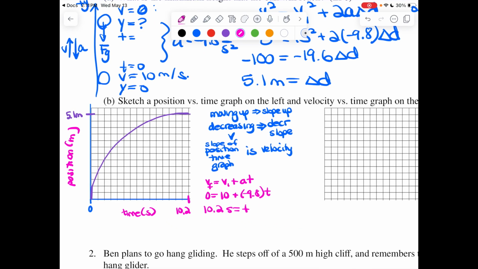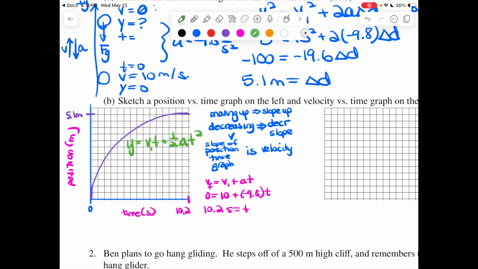That means it's going to look like that. It's got a negative slope, and it's increasing its slope as time goes on. My initial position up here is 500 meters, right? Down here is 0. The total time here is going to be 10.1 seconds.